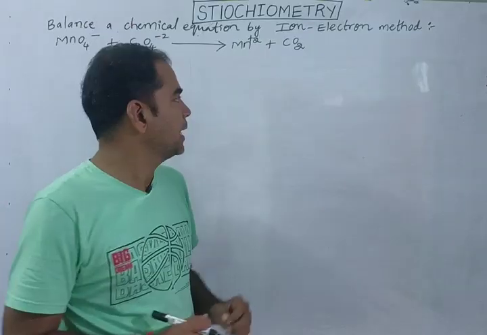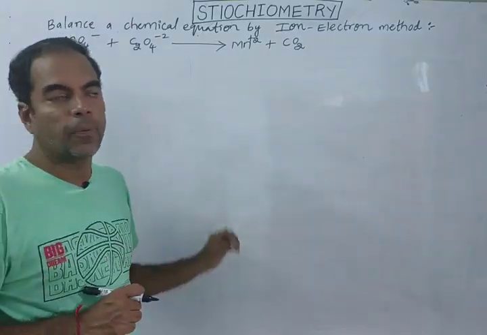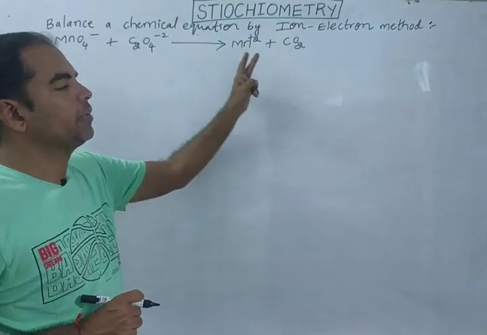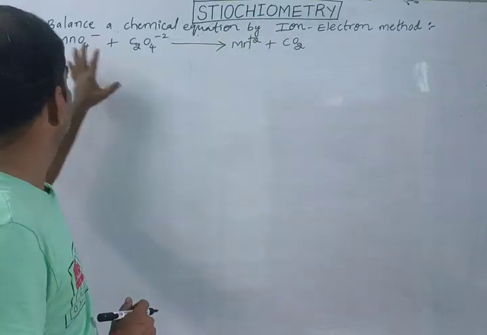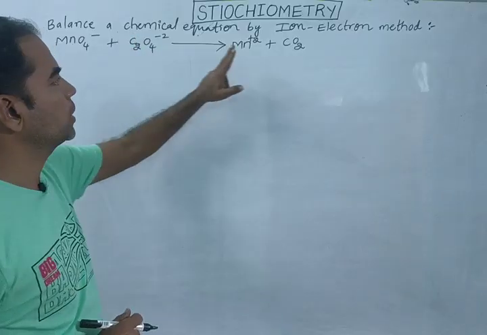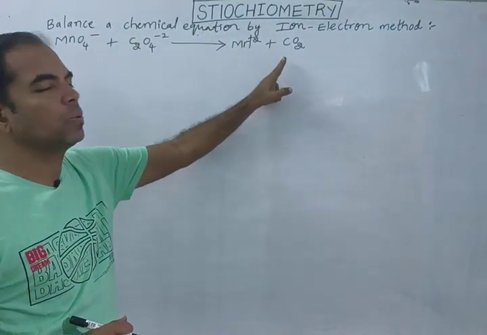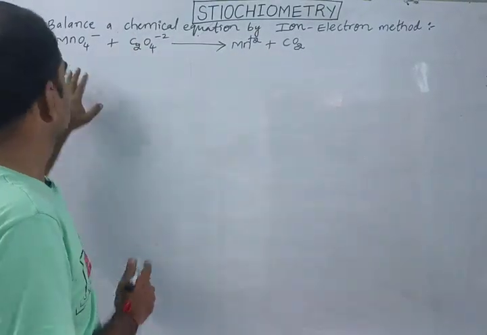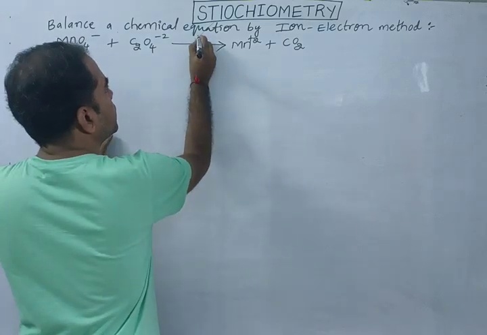My dear students, let us see one important problem: balancing a chemical equation by the ion electron method. Here the equation is MnO4 minus plus C2O4 2 minus gives rise to Mn 2 plus and CO2. That means here it is in H plus.